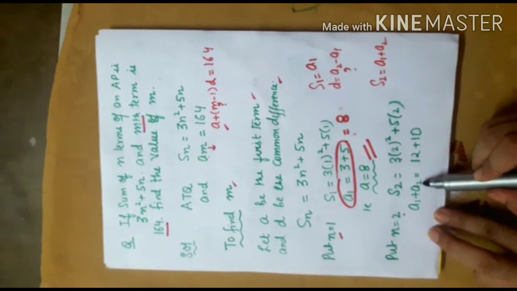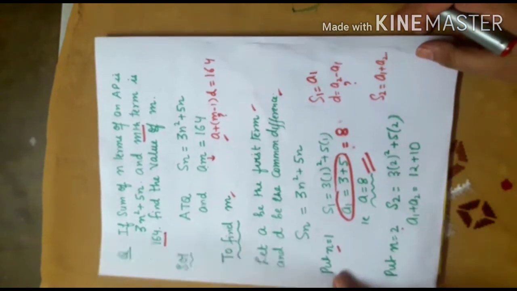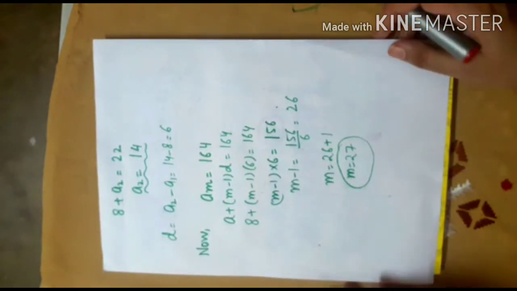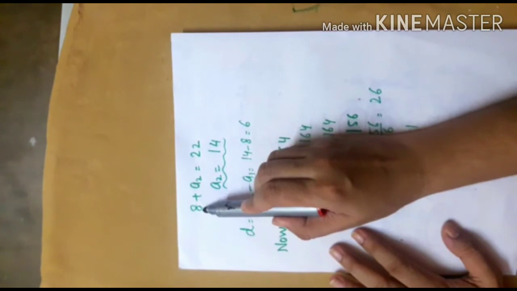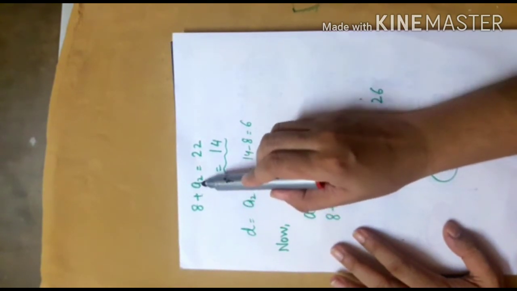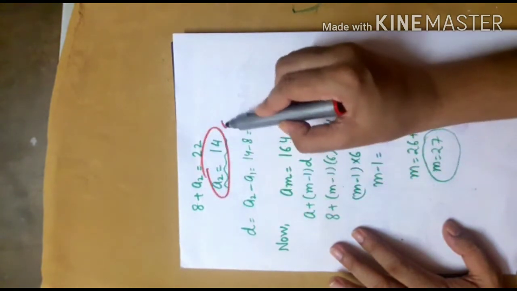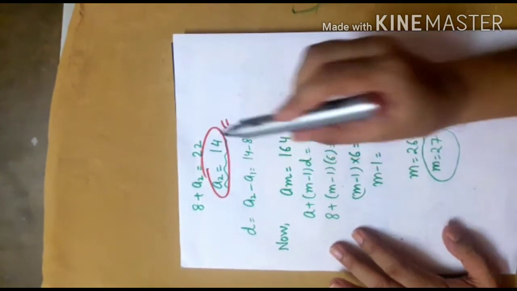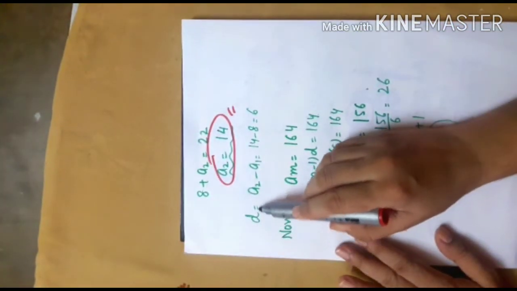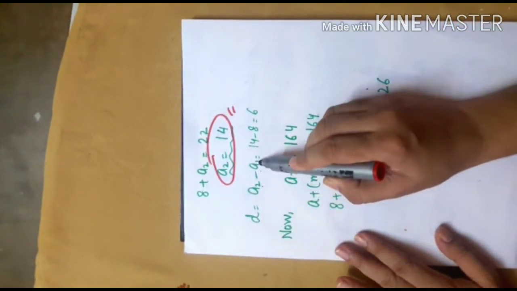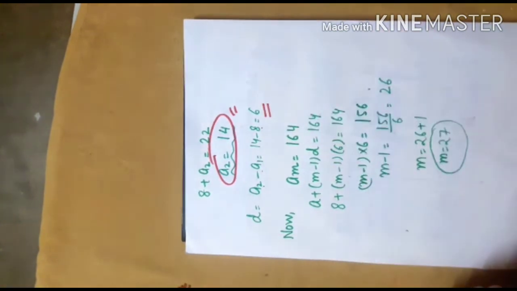So A1 plus A2 will be equal to 12 plus 10, that is 22. Now the first term is 8, so I'll get 8 plus A2 is 22. So from here A2 is 22 minus 8, that is 14. So common difference d will be equal to A2 minus A1, which is 14 minus 8, that is 6.